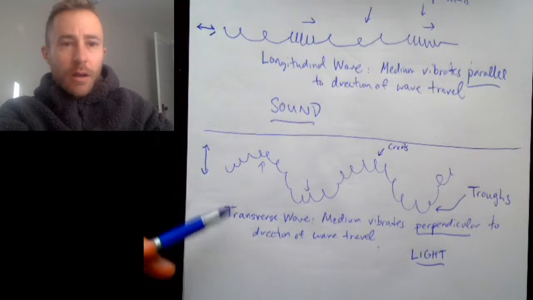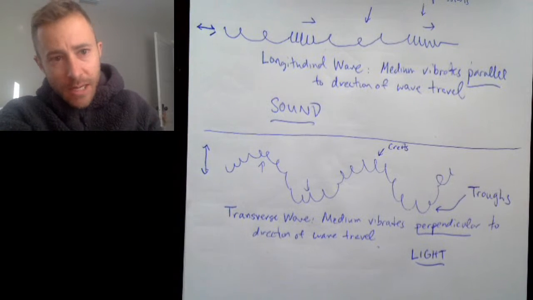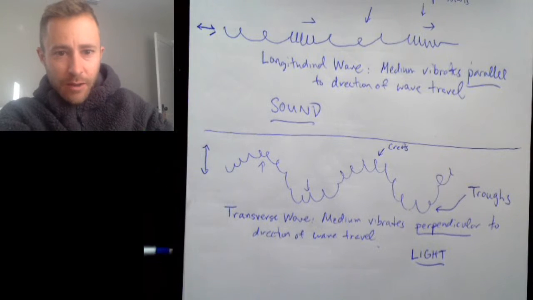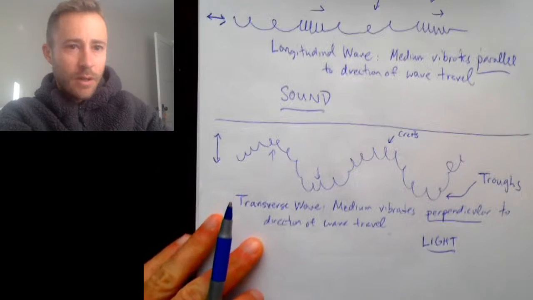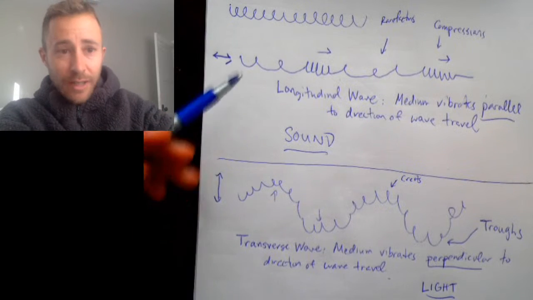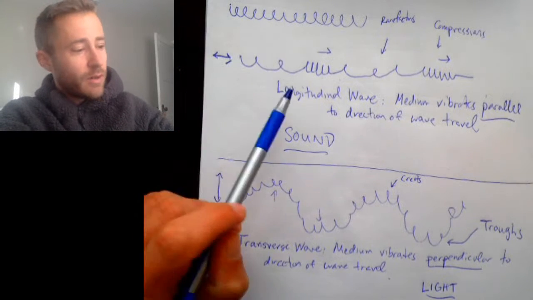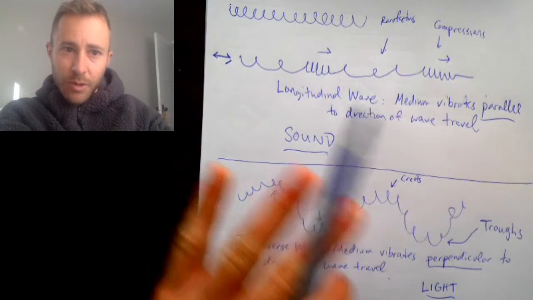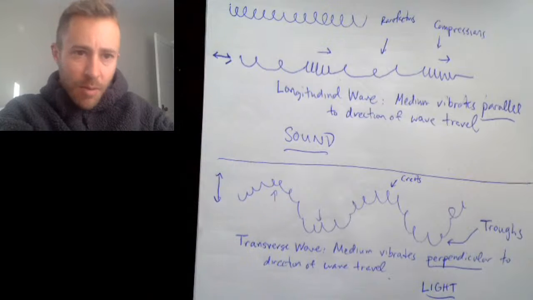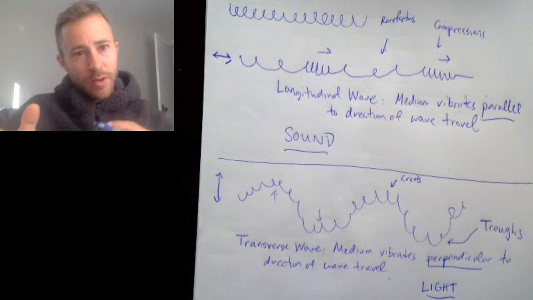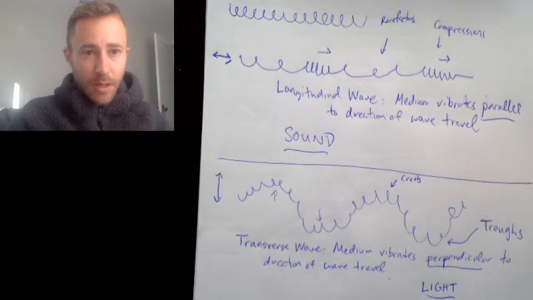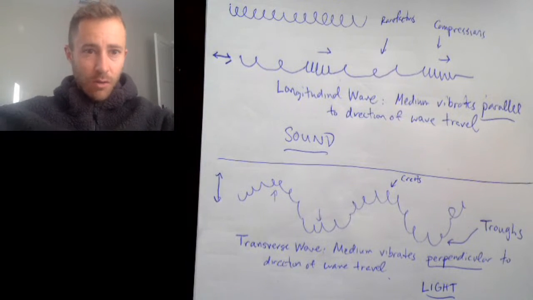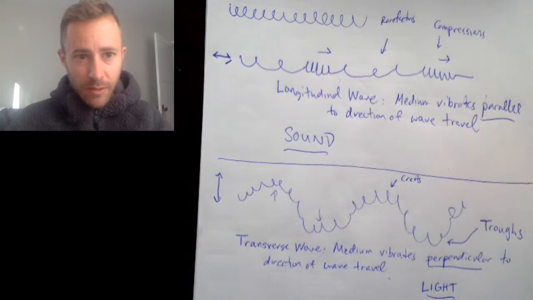All right. Some mediums can have both longitudinal and transverse waves. For example, a slinky can have longitudinal waves and transverse waves traveling through it. Some mediums can only have one type of wave or the other. For example, the air only allows longitudinal waves.